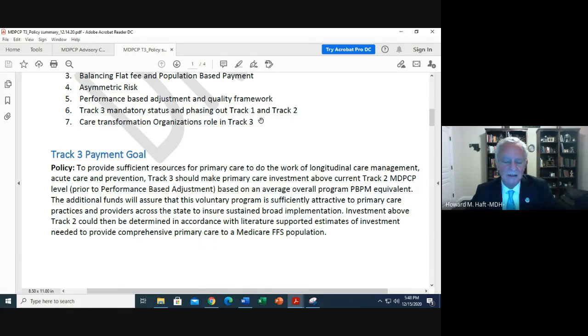And the matter of fact is that, of the $1,200 per beneficiary per month or so that Medicare pays for care for beneficiaries, even with these investments, this would be a tiny percentage of that. We're talking about less than 10% out of that entire amount, much less than 10%. So we're not talking about taking over the world in this. We're just talking about providing sufficient funding. And I think that's where the bar is set.